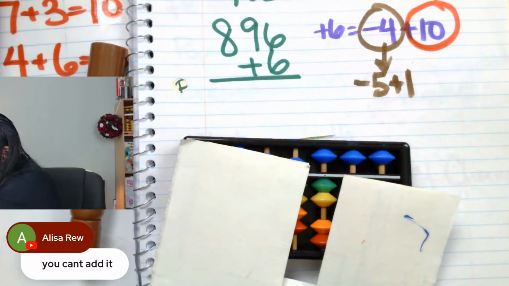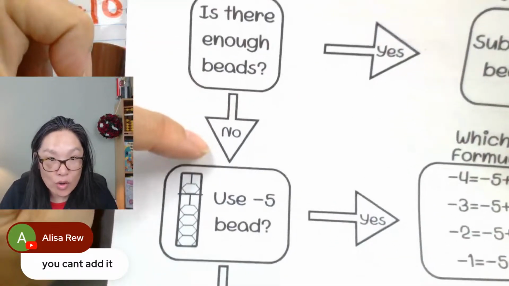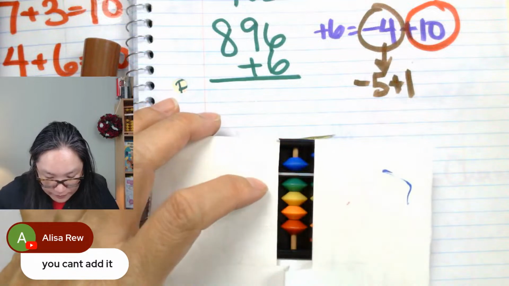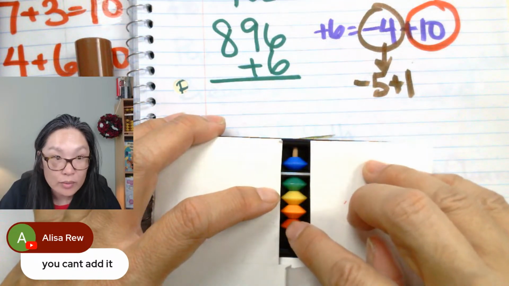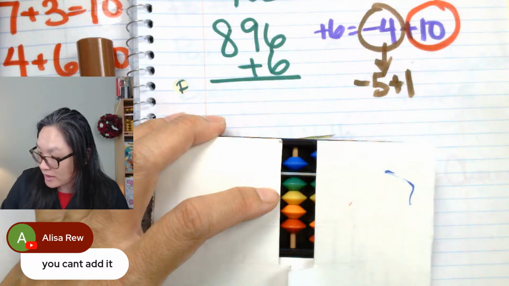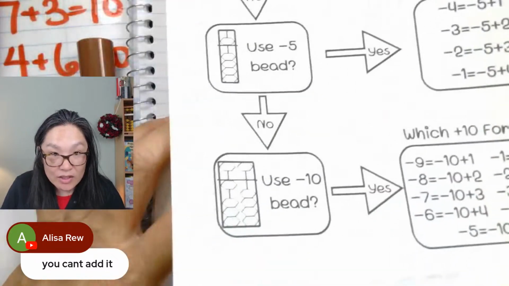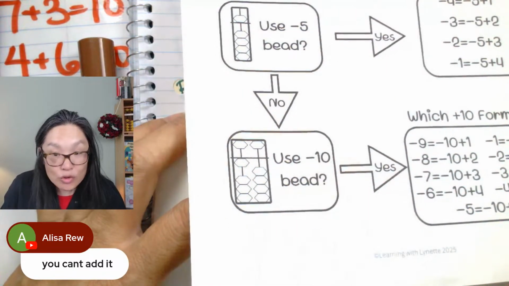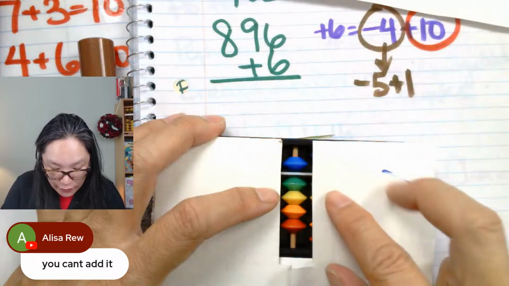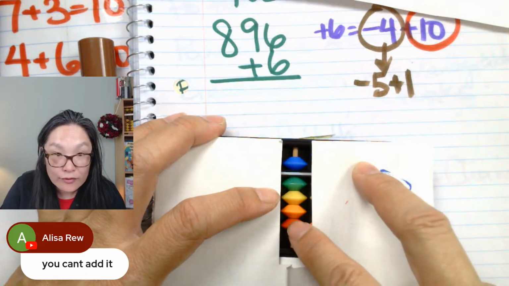Now we go back to this framework. If I can't add the 1, can I use the 5 bead? Can I take away the 5? I can, but I cannot add a 4 anymore, because that's what I needed. If I take away the 5, I cannot add the 4.